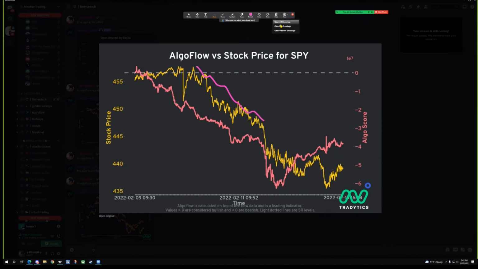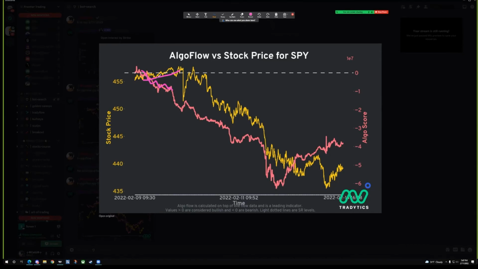A leading spike will basically have the algorithm going down with it, and then randomly spike really, really high and stay there before the stock does anything. If anything, the stock can keep going down. Those are exactly what we're looking for. Major leading spikes or divergences that occur between the stock and the algo. So what is that going to look like? Well, you can see here the algorithms were all selling while the stock was going up.